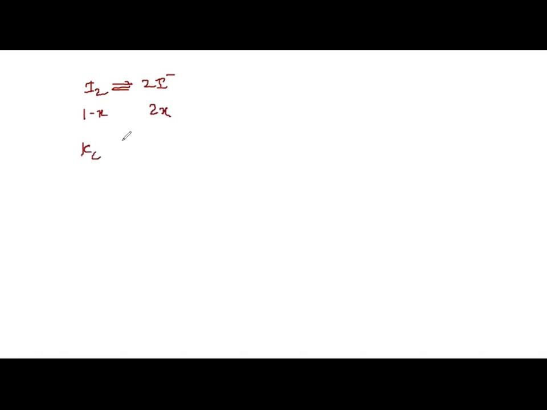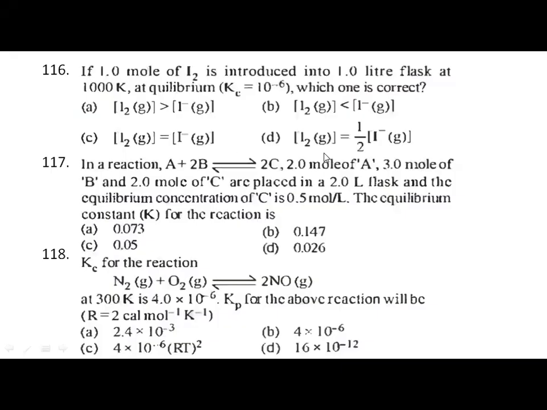So Kc will be equal to what? It is I minus raised to 2 into I2. So it is 2x square, the whole square, divided by 1 minus x. Solve it out, you will get 10 raised to minus 6. Yes. So which is the correct option here? 10 raised to minus 6 means what? Okay. So 10 raised to minus 6 means 1 minus x is more than 2x.